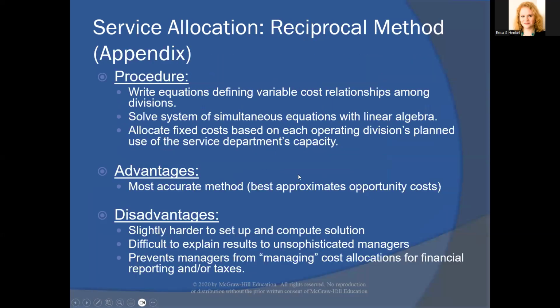And then there's a reciprocal method, which we are not going to cover here because it's too complex, but I'm going to talk about it, where they basically use linear algebra to do a complex calculation.